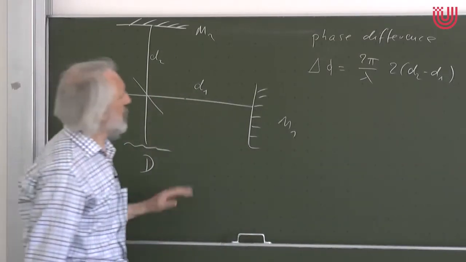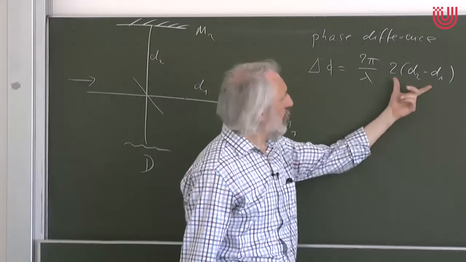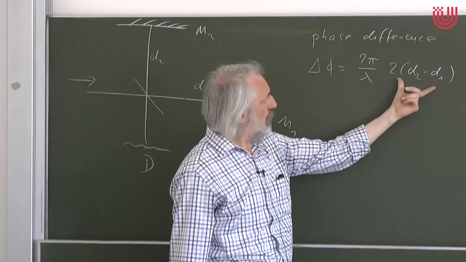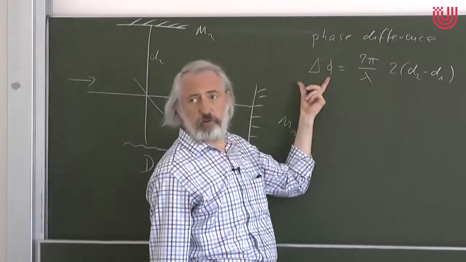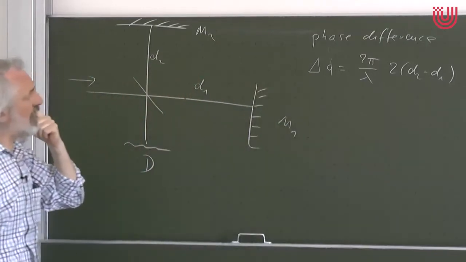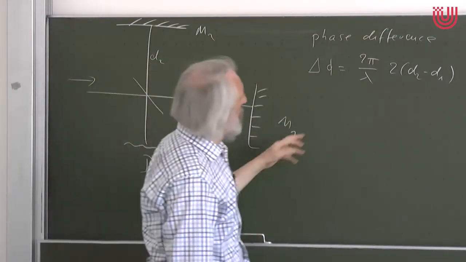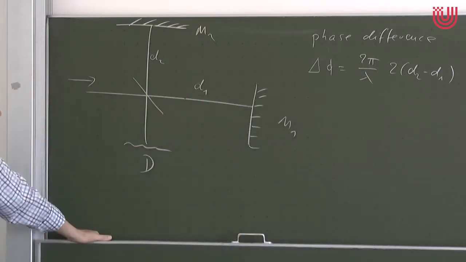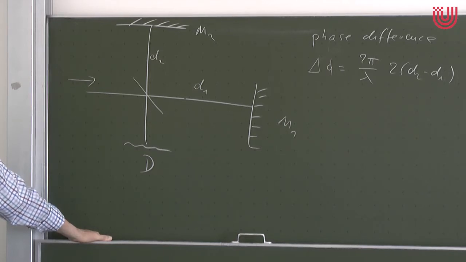So you see this is an instrument which transforms length, or length differences to be more precise, into a phase difference. And phase differences can be measured with very high accuracy. So lambda, typically for these gravitational wave detectors, they are using these Nd:YAG lasers which are operating at 1064 nanometers.